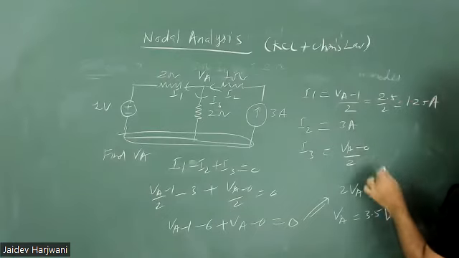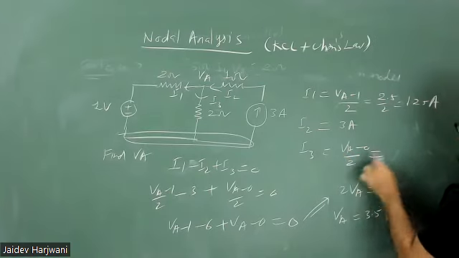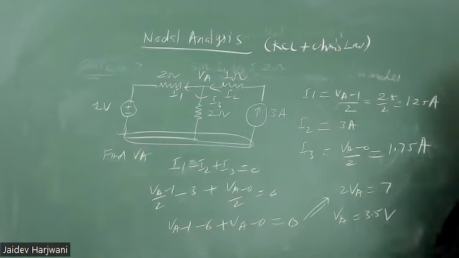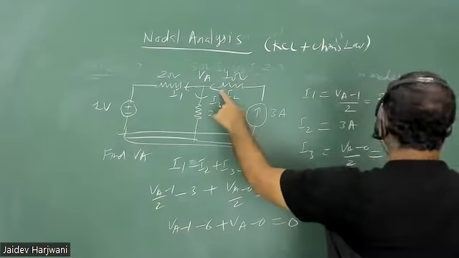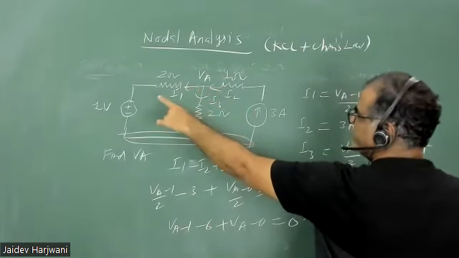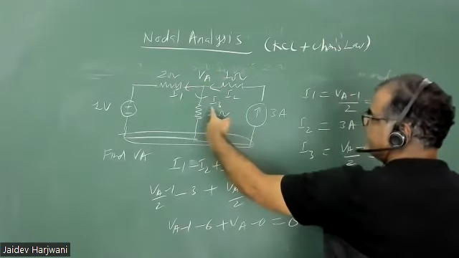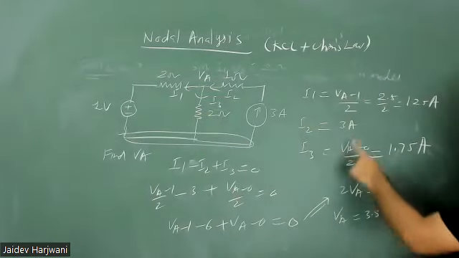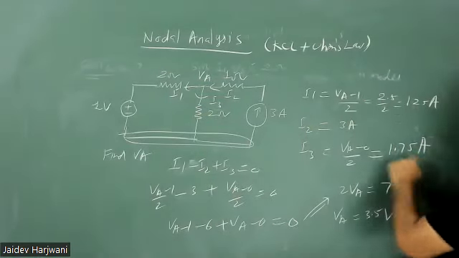I2 is already known. I3 means 3.5 minus 2, that is 1.75 ampere. So 3 ampere is coming here, 1.25 and 1.75 is going out, total 3 ampere. So that way you can also check. This sum should be 3 ampere.